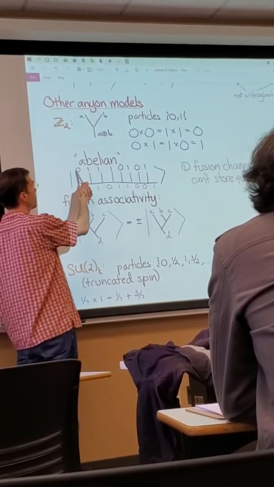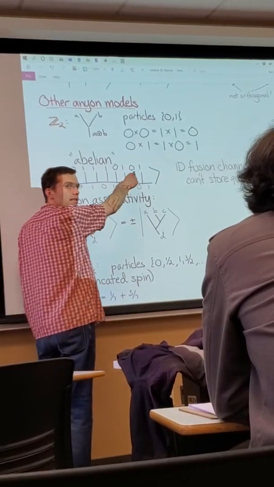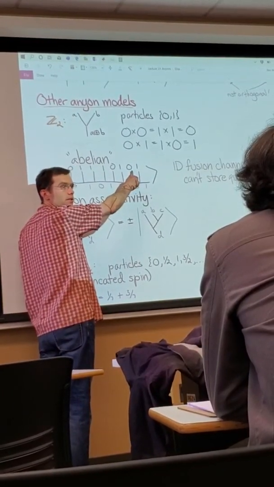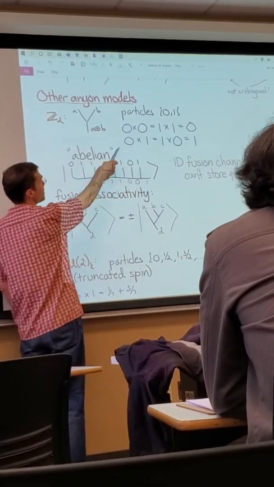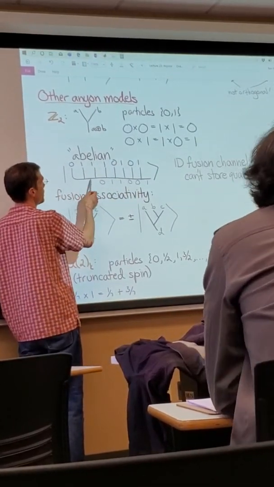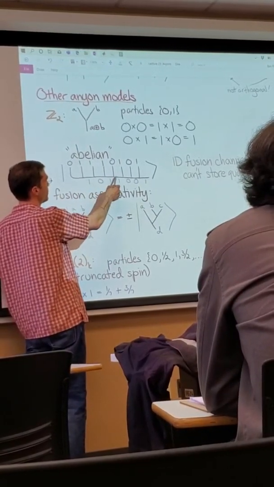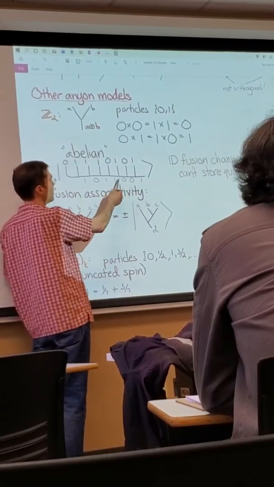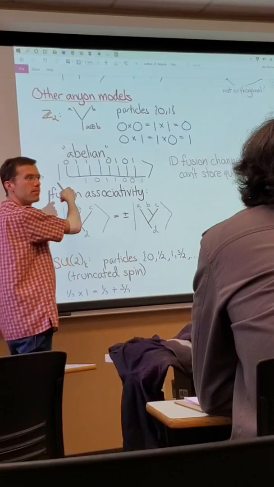So 0, 1, 1, 1. Say those are the quasi-particles, and here I'm fusing from left to right. It's completely deterministic. So 0 plus 1, this edge has to be a 1. This edge has to be a 0. This edge has to be 1. This edge has to be a 0, and so on, because there's only one possible fusion outcome.